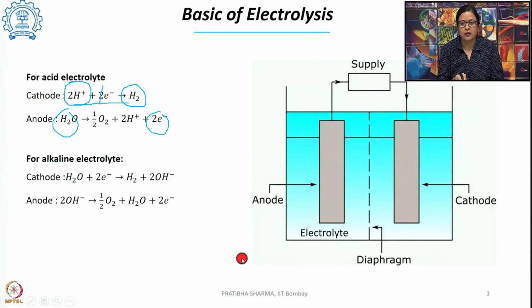For the alkaline electrolyte, at the cathode, water will react with two electrons and produce hydrogen and OH minus ions. In the anode, this OH minus ion will be attracted to the anode side because the anode is positive and the ion is negative. And this will form oxygen. Okay, this is the basic of the electrolysis process.